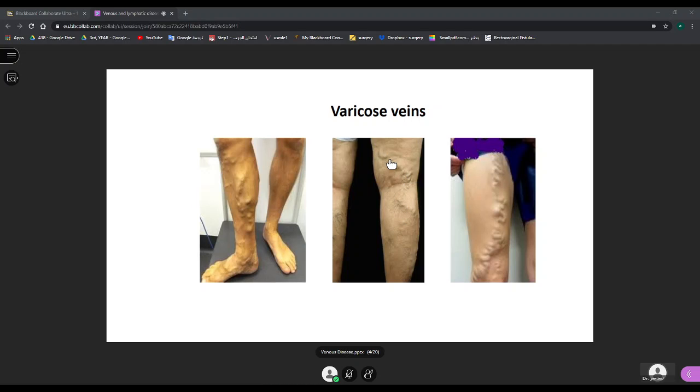It looks like it is extending above the knee, and probably also here some venous tributaries above the knee. And here, this is typically the tortuosity. This is typical tortuosity of varicose veins.